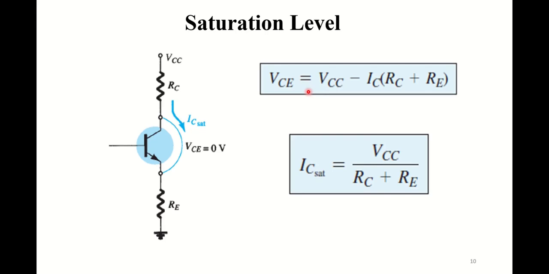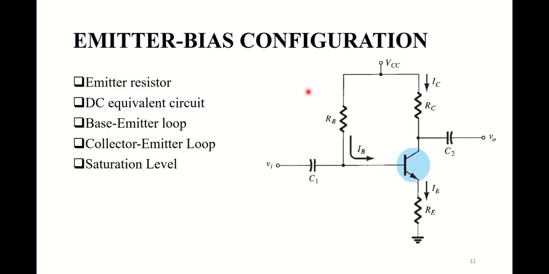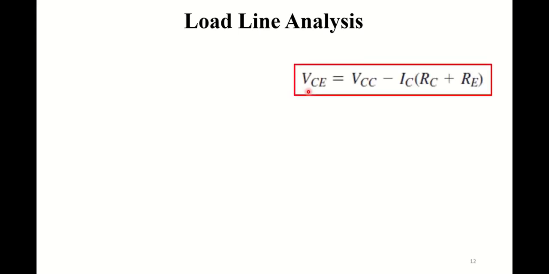The load line for this configuration can be drawn by considering the equation of output loop. As we all know, in order to draw a straight line, all we need to know is 2 points, and by connecting those 2 points, we can get the straight line for load line analysis.